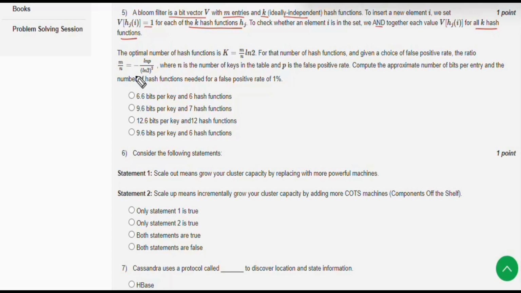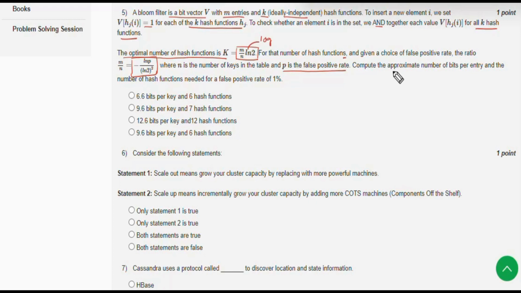The optimal number of hash functions is k equals m by n ln 2. By the way, ln means log. And given a choice of false positive rate, the ratio m by n is equal to minus ln p by (ln 2) whole square, where n is the number of keys in the table and p is the false positive rate.